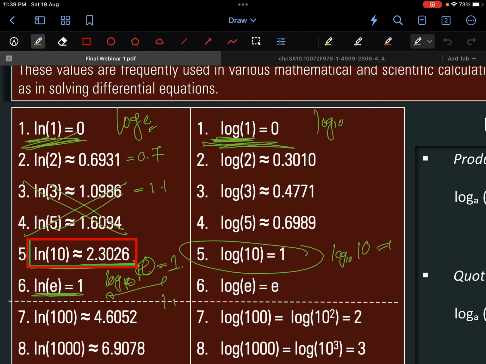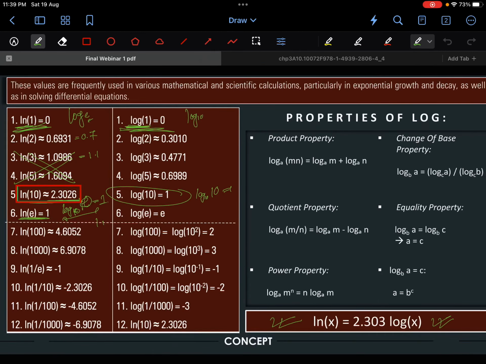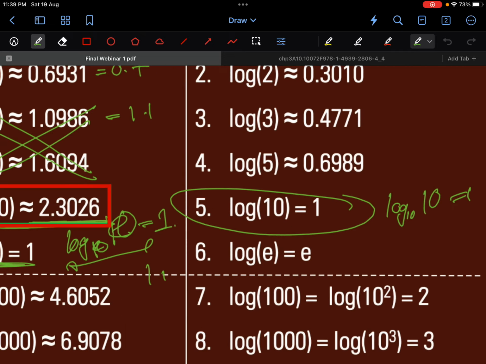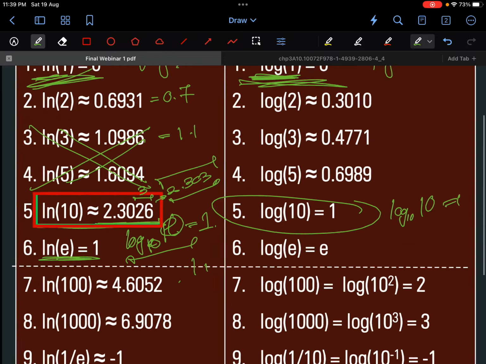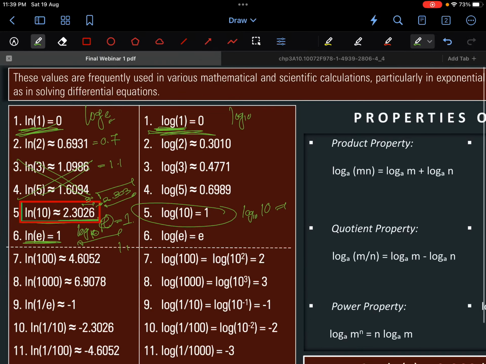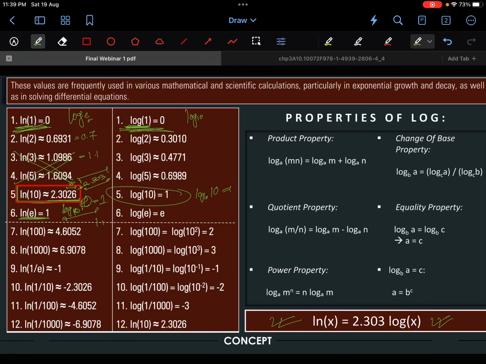We can round the 26 to 3 because it is very far from the decimal point, so this becomes 2.303. Remember this one, 2.303. ln 10 is 2.303, and this is the number we use to convert ln to log.